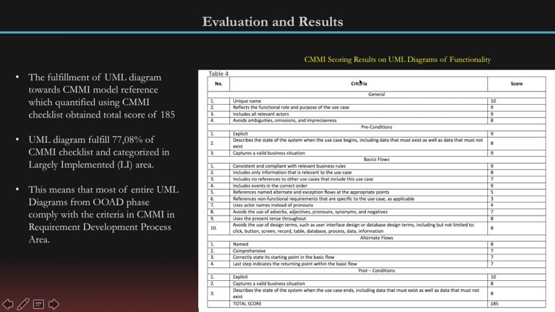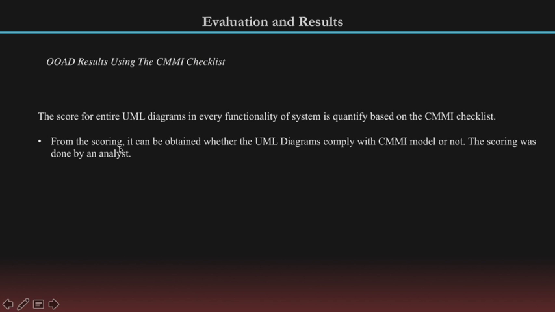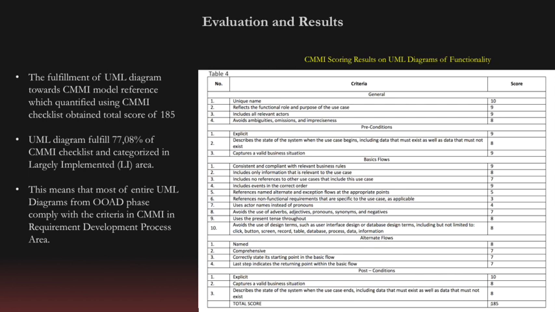So based on this criteria, the fulfillment of UML diagram towards CMMI model reference, quantified using CMMI checklist, obtained a total score of 185, and if it's 77%, then this is fully implemented.